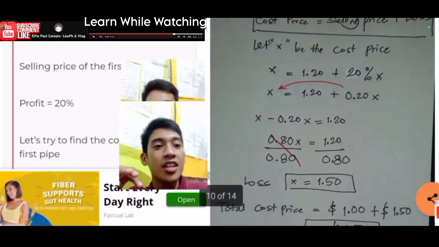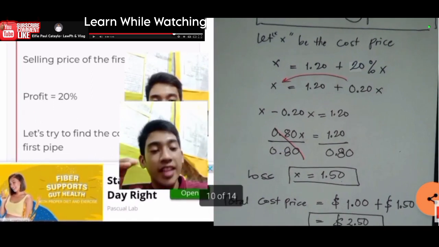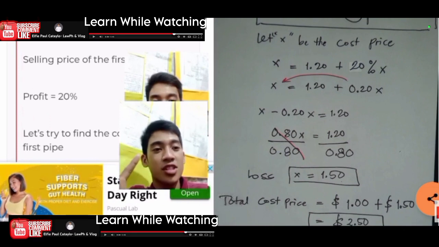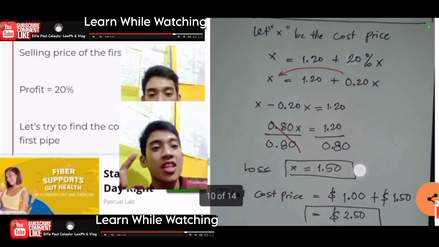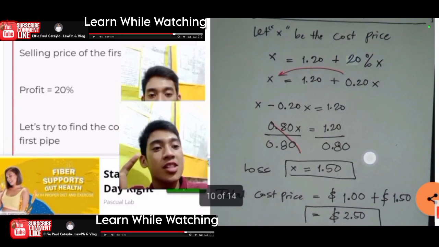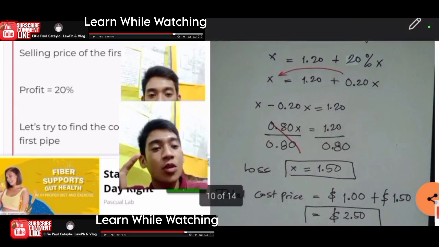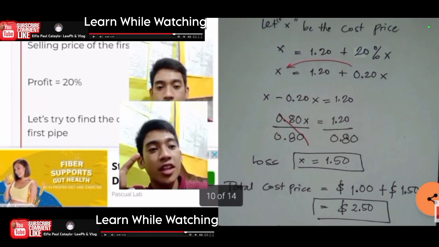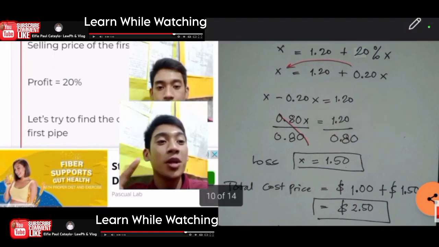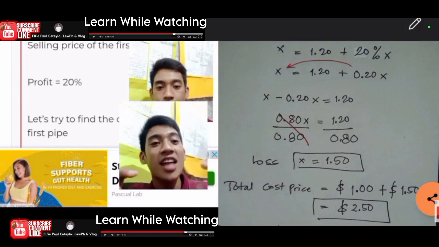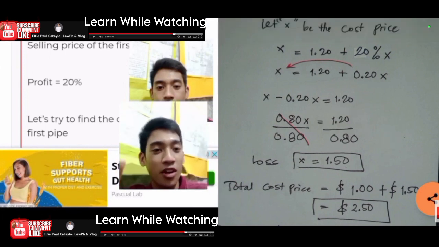So X minus 0.20X will give us 0.80X. Then divide both sides to get our X, which is 1.20 divided by 0.80. That will give us $1.50. That is the cost price for the 20% loss.